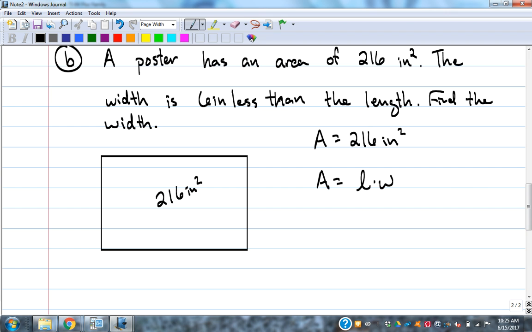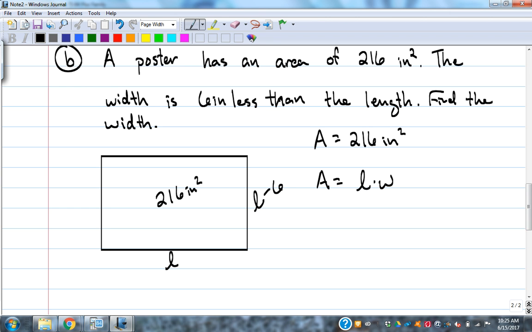And it tells us that the width is 6 inches less than the length. Okay. So whatever the length is, the width is 6 inches less than that. So how could I write that for the width here? Perfect. L minus 6.